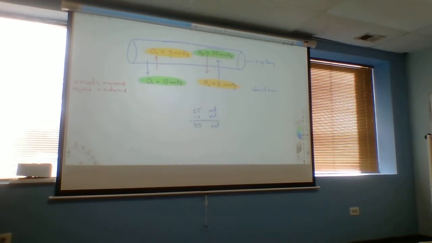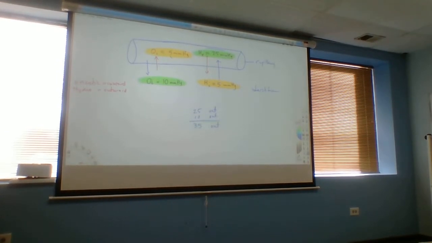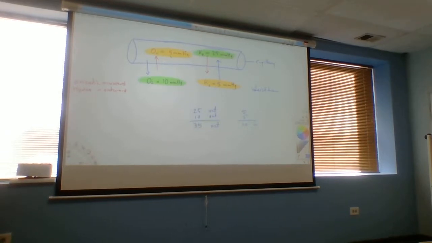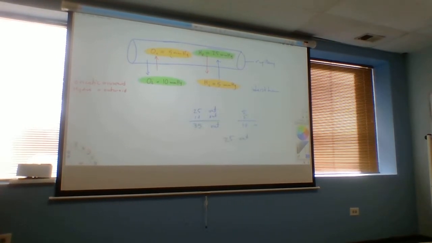So this is 5 and 5. The total pressure in is 10. Which pressure is greater? Outward. So if there's 35 people pushing out and 10 people pushing in, overall, where are you going? Out. So the net pressure would be 25 outward.